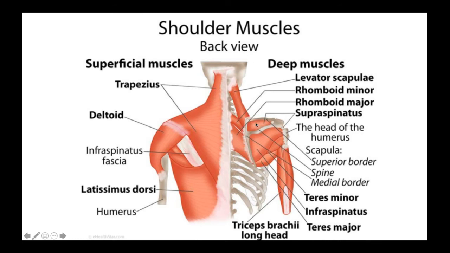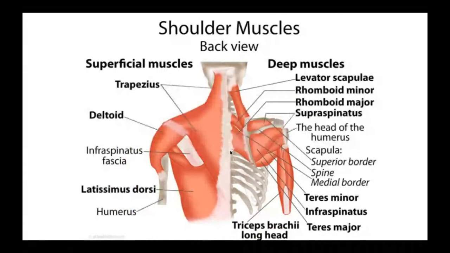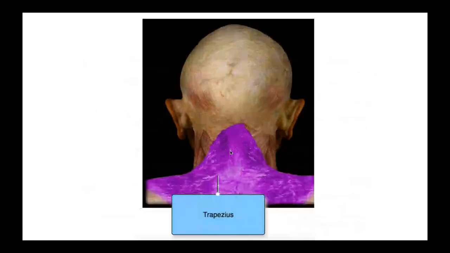In terms of their origins, the supraspinatus originates on the fossa, the supraspinous fossa. The infraspinatus originates on a fossa, the infraspinous fossa. And the subscapularis originates on a fossa, the subscapular fossa. So this is why really understanding the osteology and not forgetting it is really important, because it really connects with the myology very much.